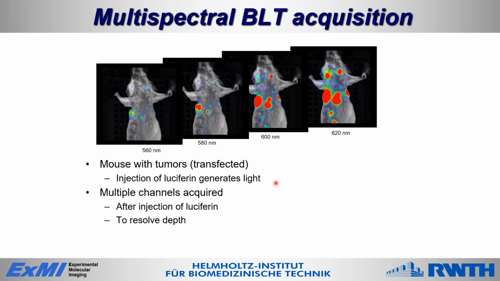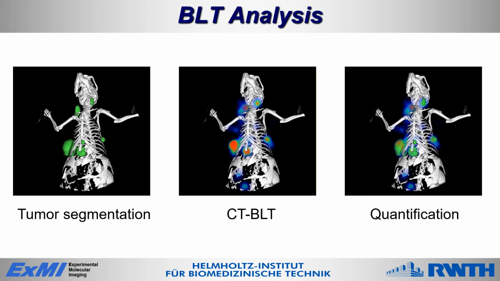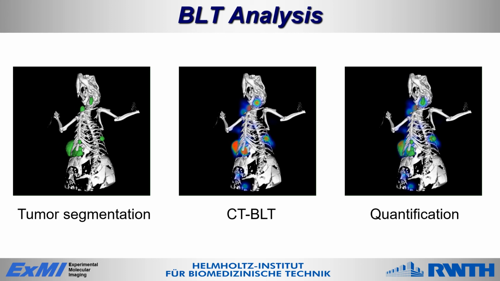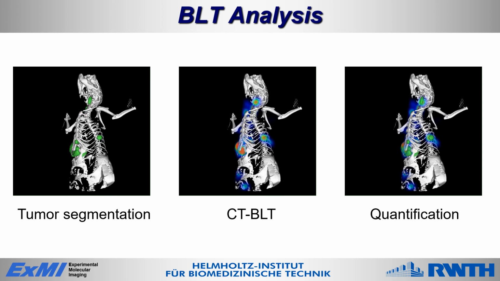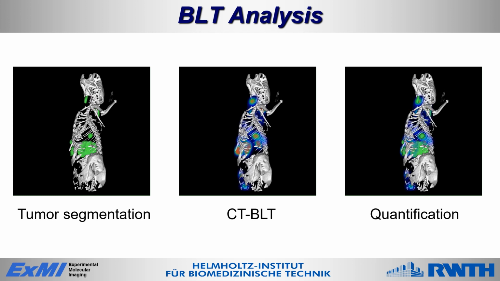After fusion and reconstruction, the BLT-CT data can then be used similarly as the FLT-CT data. So you can generate a segmentation here of the tumors and metastases, and then use the colocalization to quantify the amount of bioluminescence in each tumor.